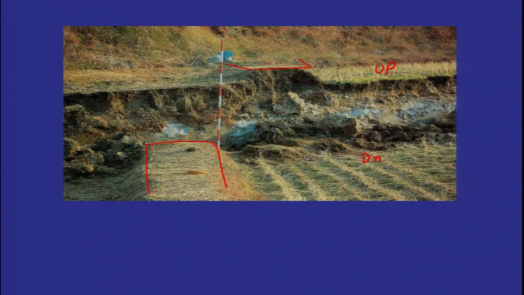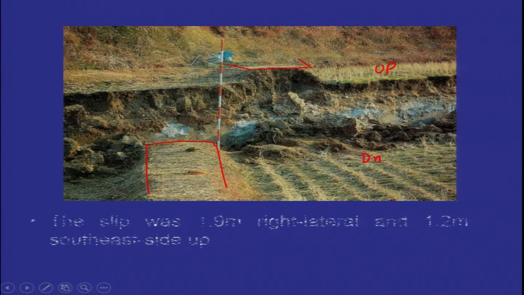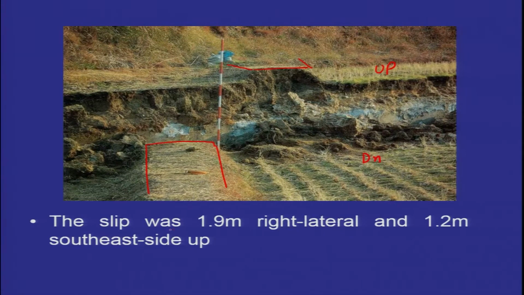So you have the lateral displacement of this one. The slope was about 1.9 meter right lateral, and 1.2 meter southeast side was up. So this was 1.9 meter, and then this was 1.2 meter up.